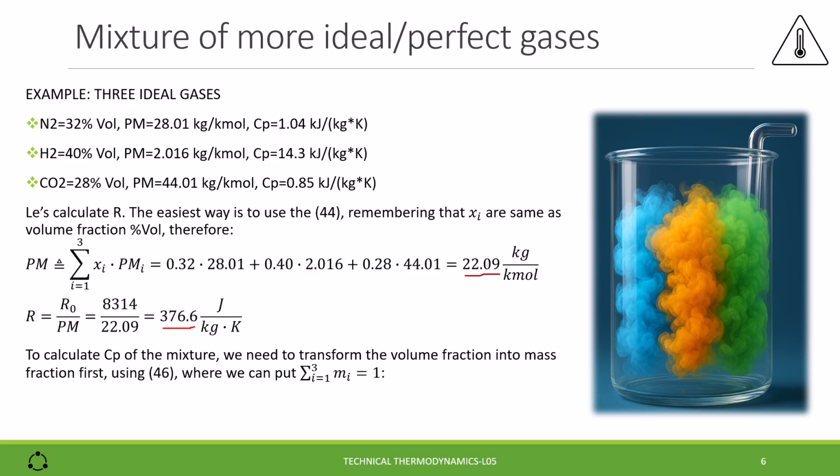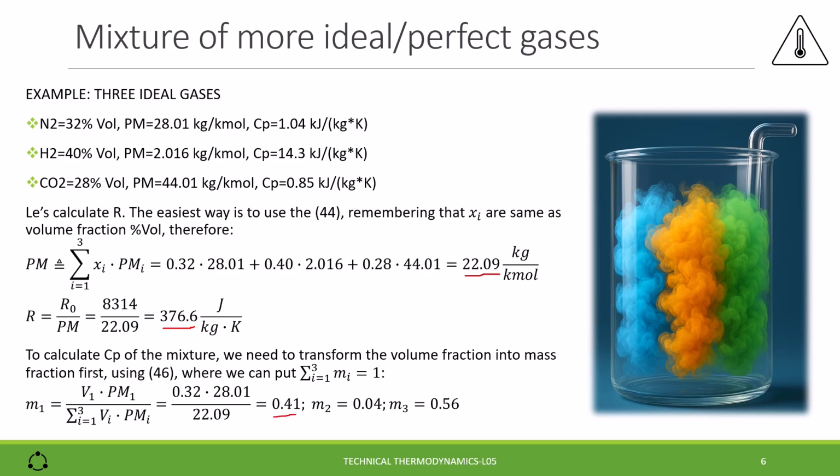To calculate Cp of the mixture, we need to transform the volume fraction into mass fraction using the formula 46, where we can put the sum of the masses equal to 1. We find for M1 the value 0.41, for the mass 2 0.04, and for the mass 3 0.56.